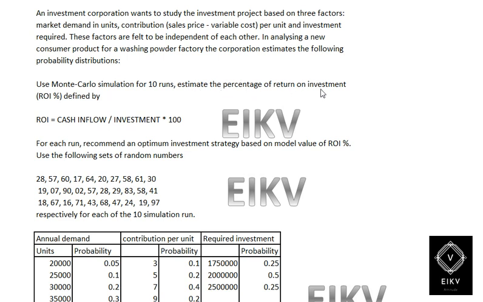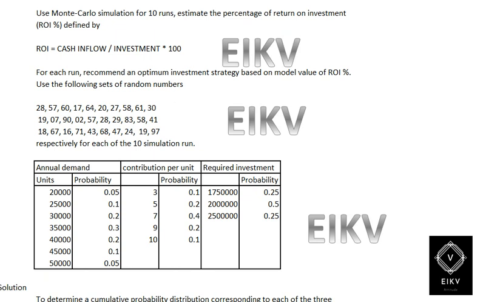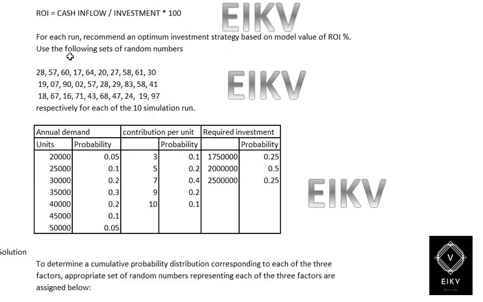Estimate the percentage of return on investment, that is ROI, defined as ROI equals cash inflow by investment into 100. For each run, recommend an optimum investment strategy based on the modal value of ROI percentage. Use the following sets of random numbers.